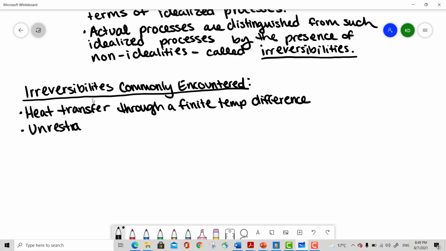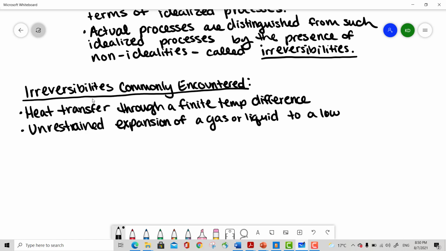Unrestrained expansion of a gas or liquid to a lower pressure. Spontaneous chemical reaction.